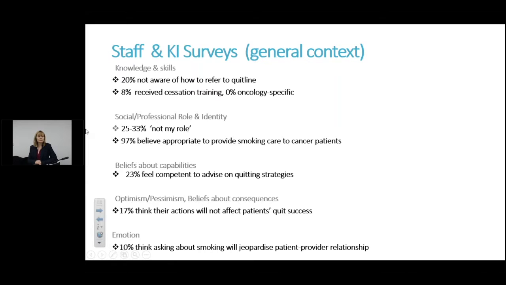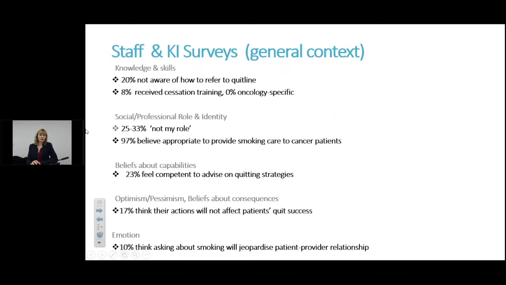In terms of optimism and pessimism, beliefs about the consequences of their action, a small but sizable, I guess, minority think that their actions will not affect the patient's quit success. So there's a bit of nihilism there about whether they can actually do something that might help their patients to quit.